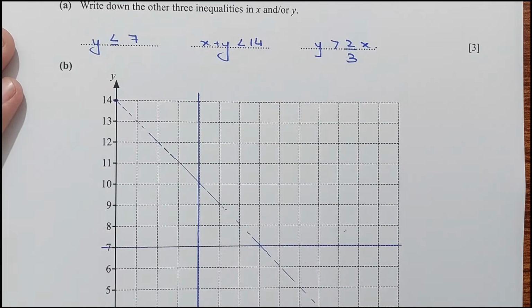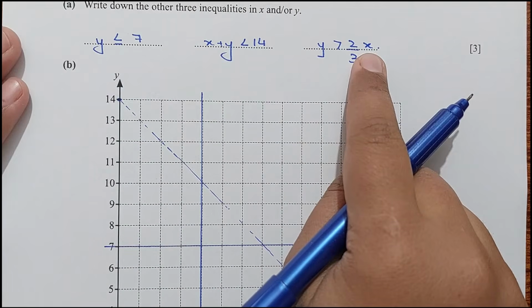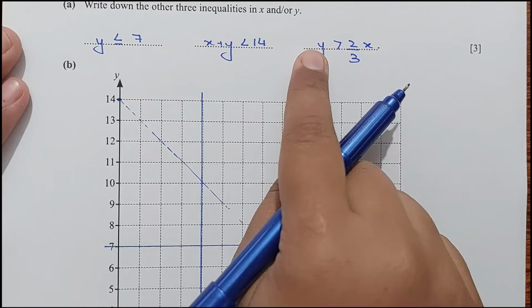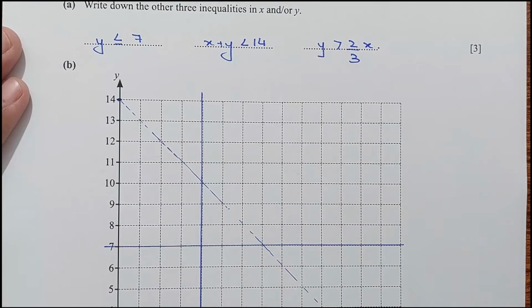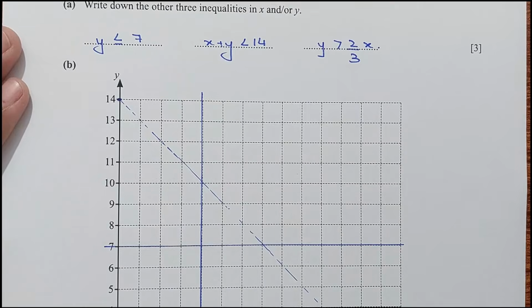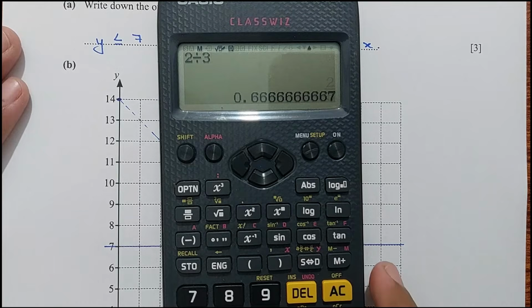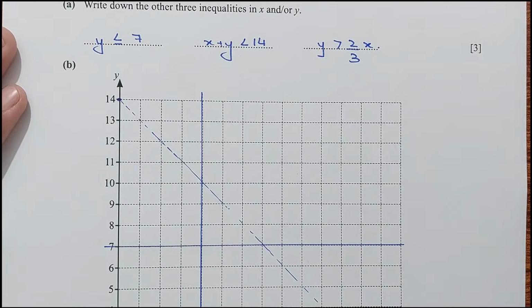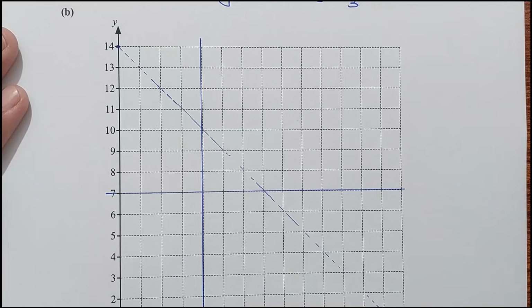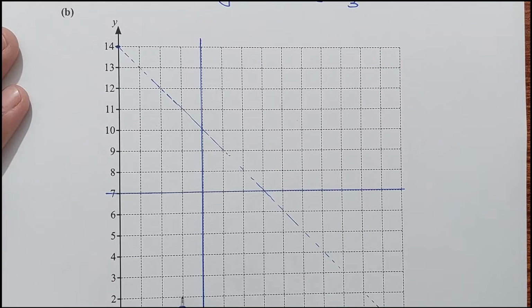Now for the third one, y is greater than 2/3 of x, right? So when x is 0, y is also 0, this point. When x is 1, y is 2 by 3, which is 0.66. When x is 3, y is 2.